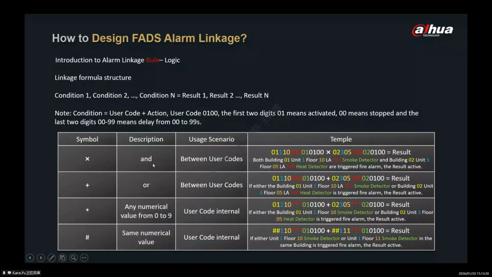The first two are used between user codes. The structure is condition 1, condition 2, condition n, to result 1, result 2, result n, to make the linkage. And there is also the activation code behind the condition.